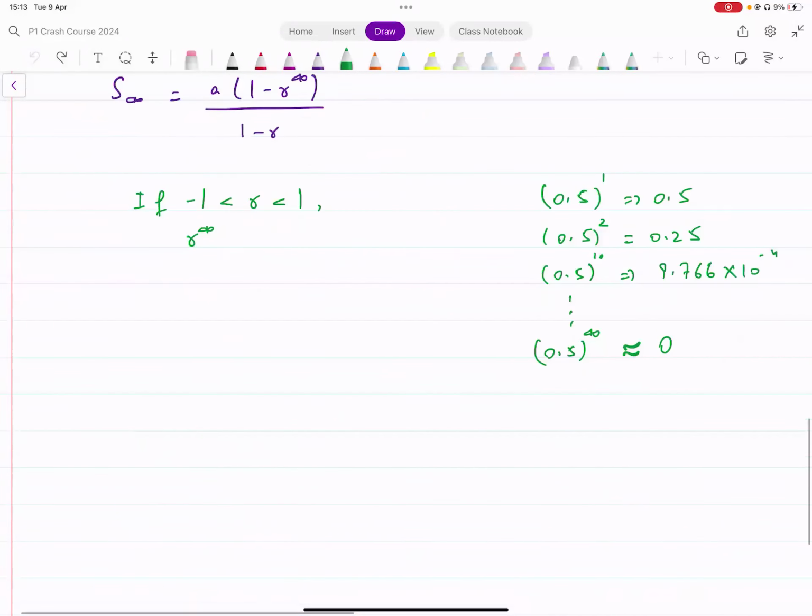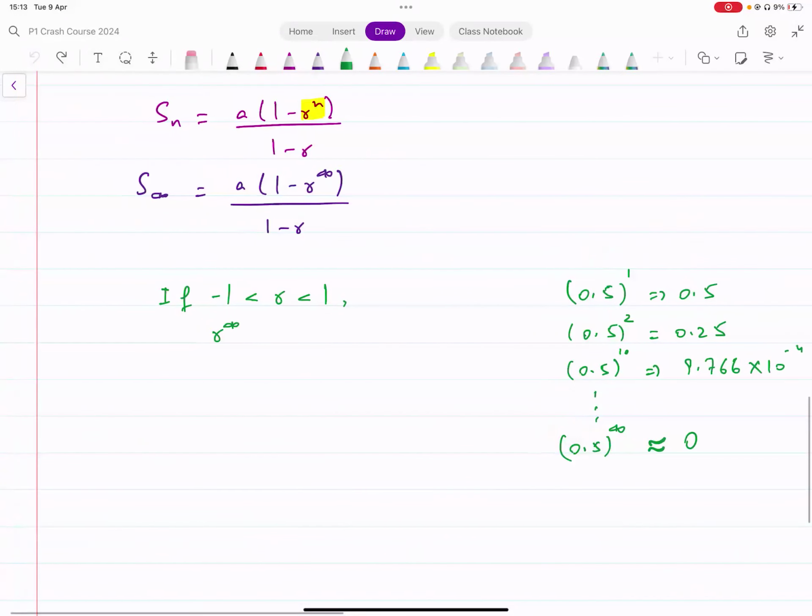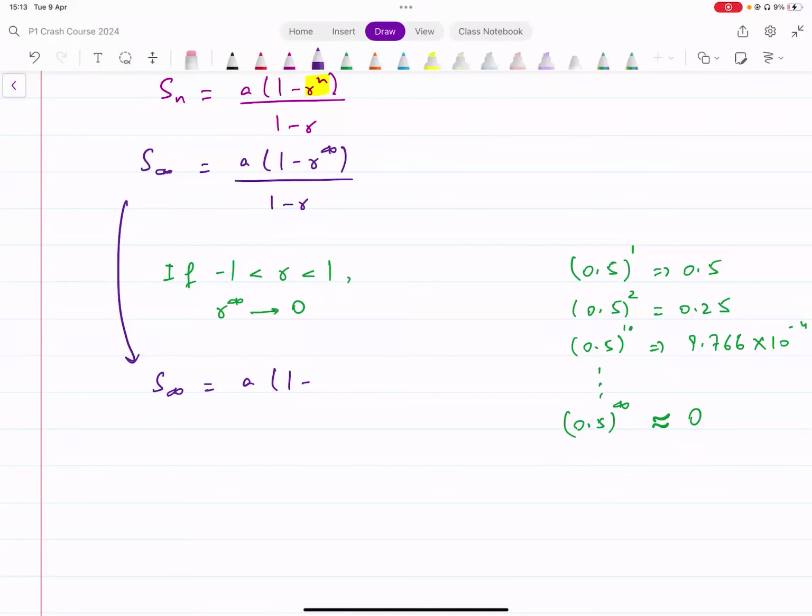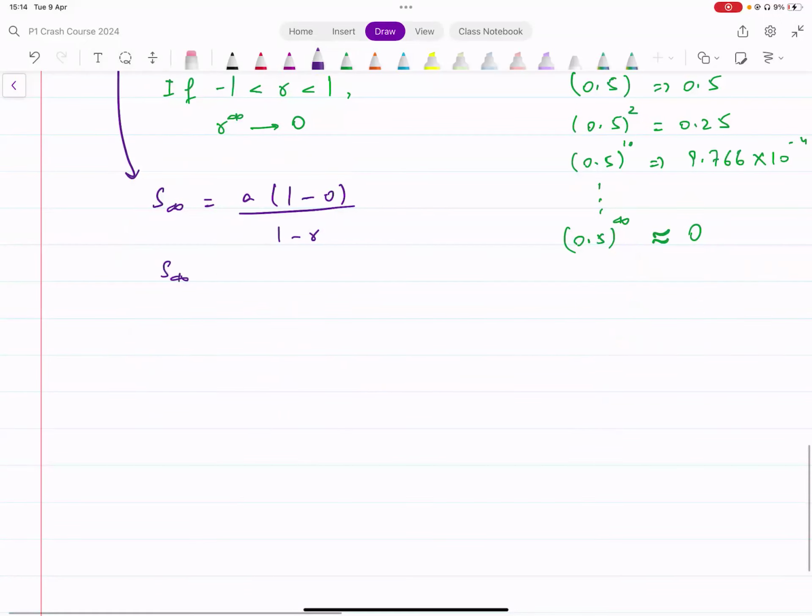So in this formula, if r raised to power infinity goes to 0, what are we left with? S infinity equals a into 1 minus 0 divided by 1 minus r, which gives you sum to infinity equal to a over 1 minus r.